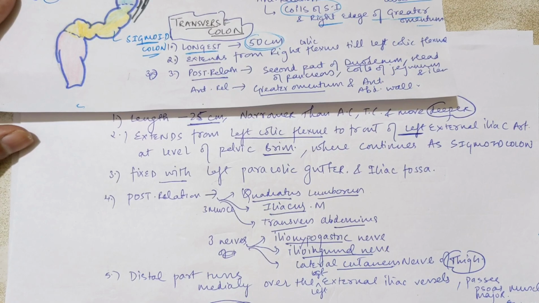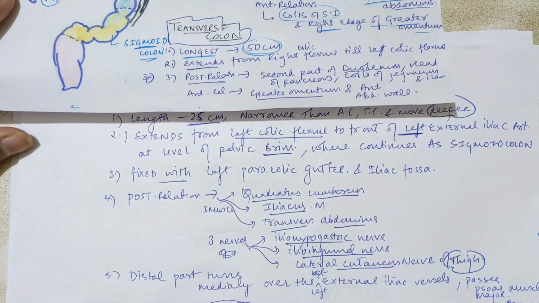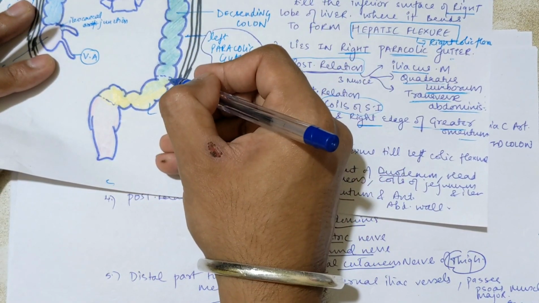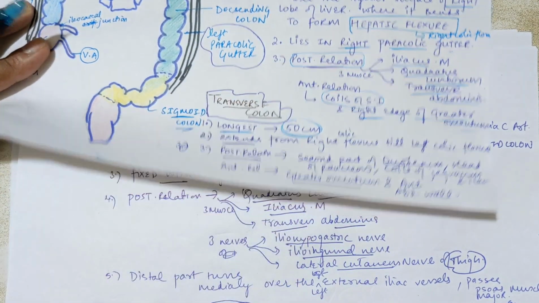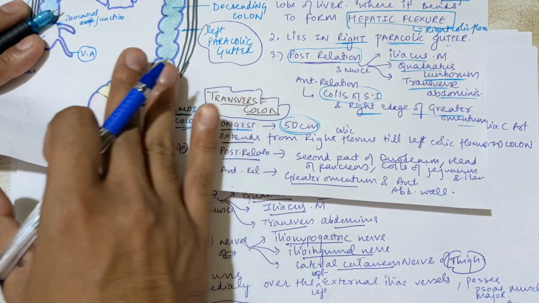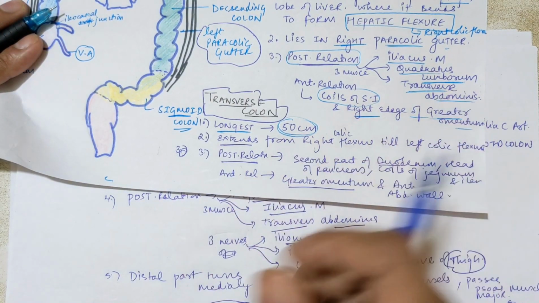Okay, and further what happens is that in the descending colon, the distal part turns medially over the left external iliac vessels. So this was the proximal and this is the distal part. So this part will actually be crossing medially over the external iliac vessels also, and somewhat the muscle that is present, psoas major muscle will be crossing medially, and somewhat the femoral nerves and other vessels also.